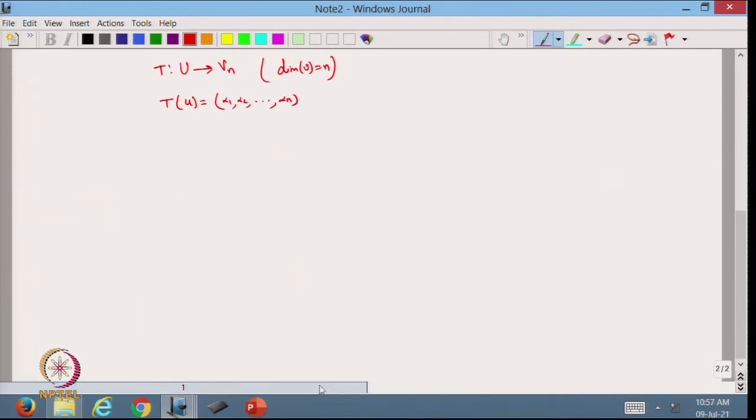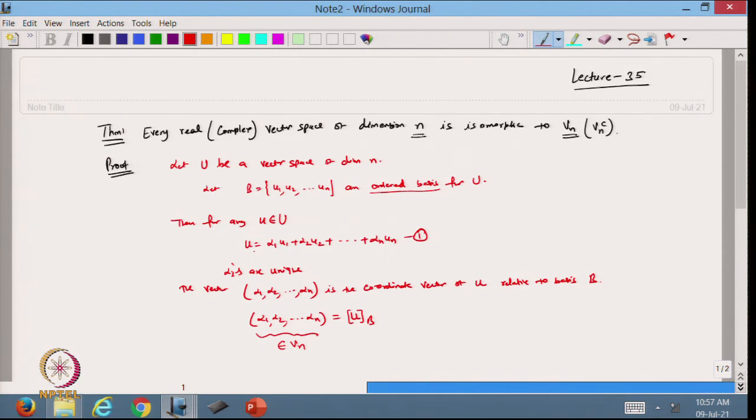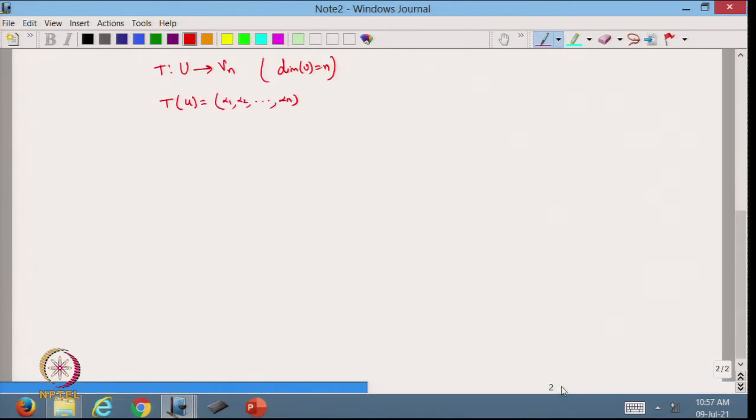Here I know that I can write u like this, and alpha 1, alpha 2, ..., alpha n are the coordinates of the vector u with respect to the basis B. That we already know. So this is my equation 2, a map that I have defined.